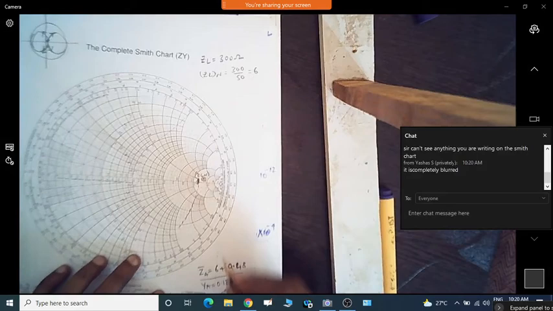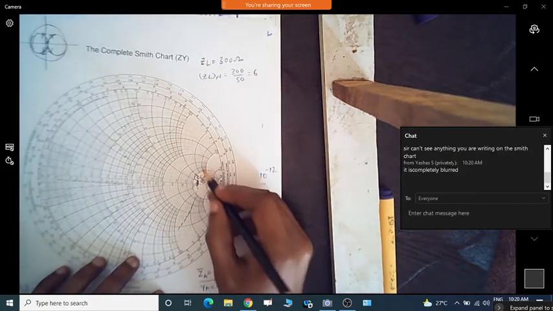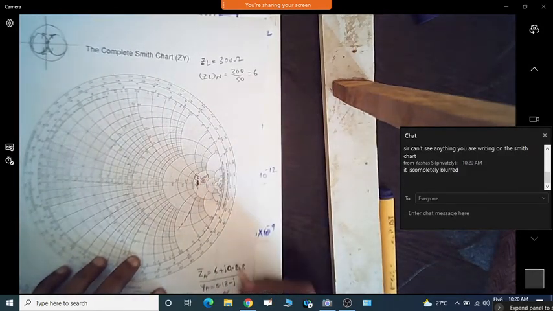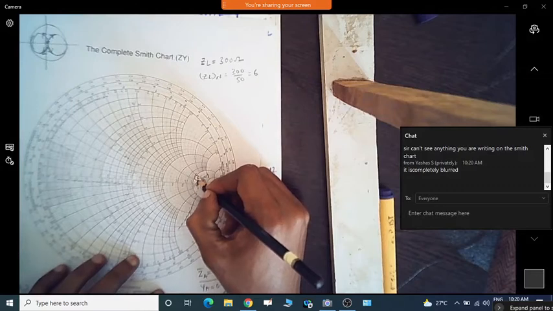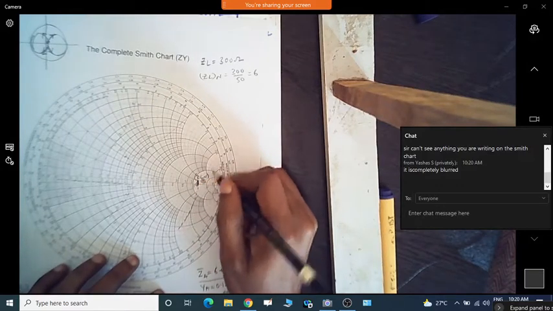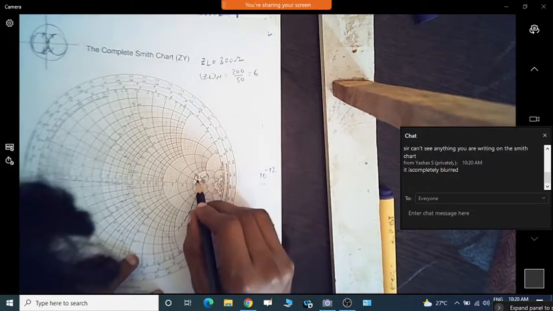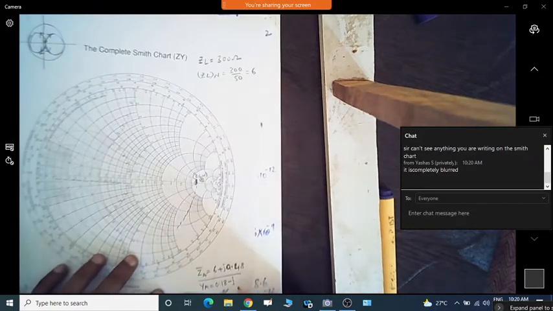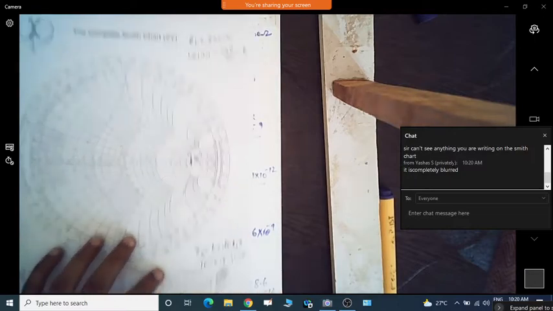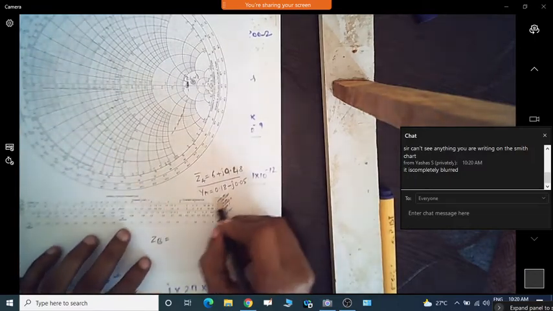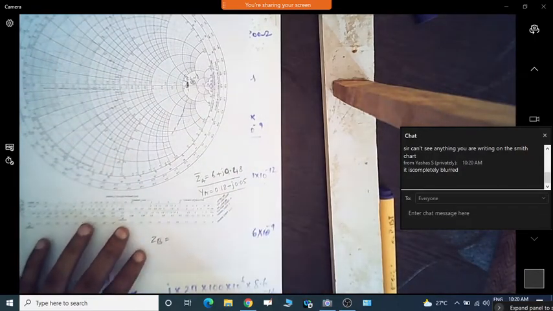It is in the upper half, so it is minus J. The susceptance is around 0.05. So let us take this value, 0.05. This is the admittance at point A.